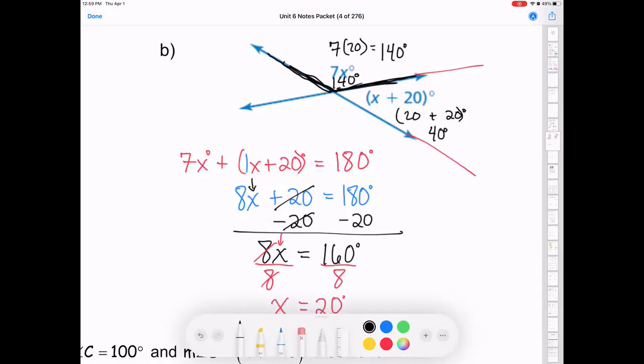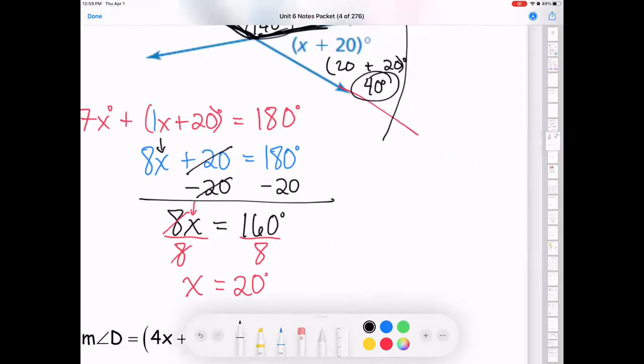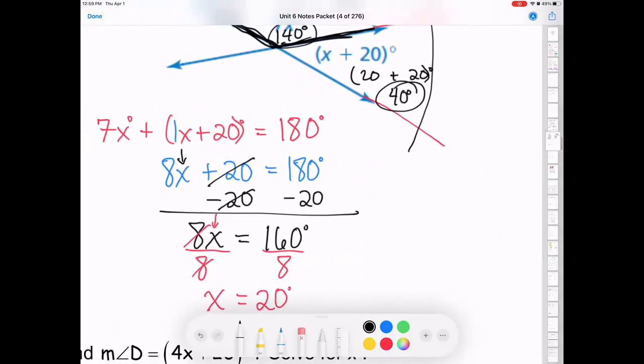And so if I take my 140 degrees and my 40 degrees, I'm asking myself, do they combine to give me the 180 that I need? And the answer there is yes, they would. Now again, going back to that check component because it is so important, we have 7x plus our x plus 20 equals 180. A moment ago, we plugged in 20 for x here.